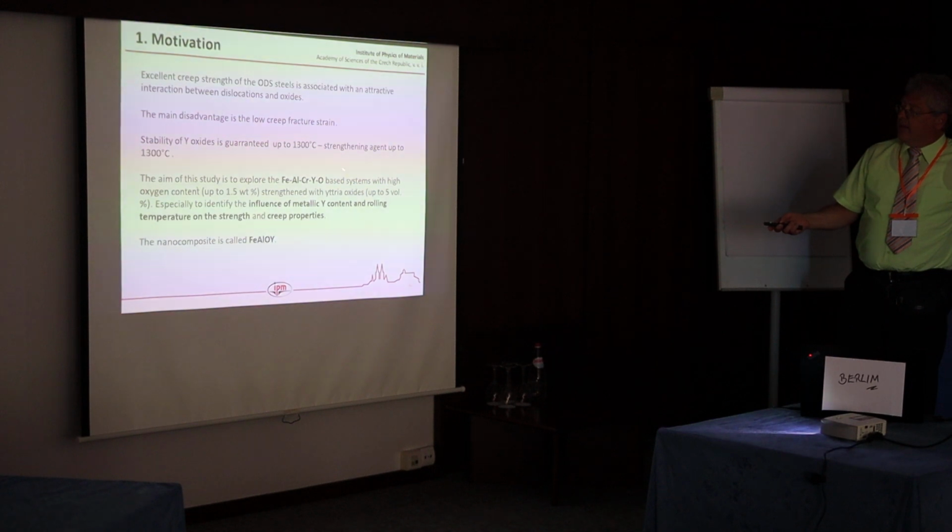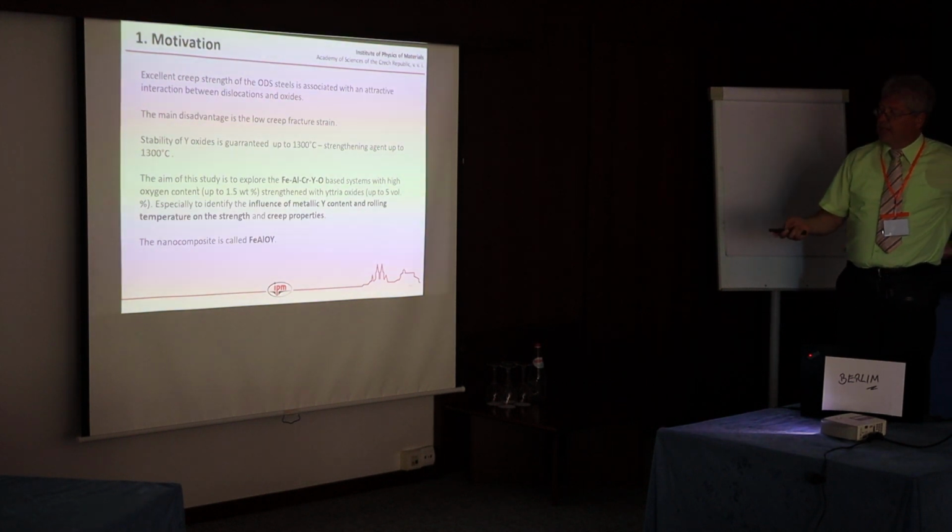And we are exploring the iron, aluminum, chromium, yttrium oxide based system with the oxygen content up to 1.5 weight%, and it has about 5 volumic percent of the yttrium oxide.